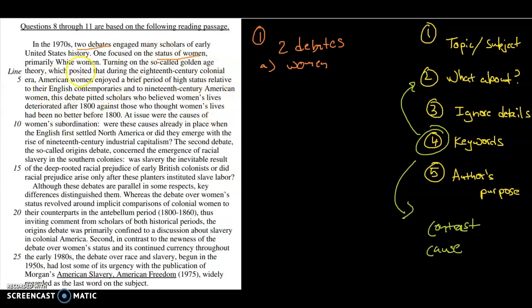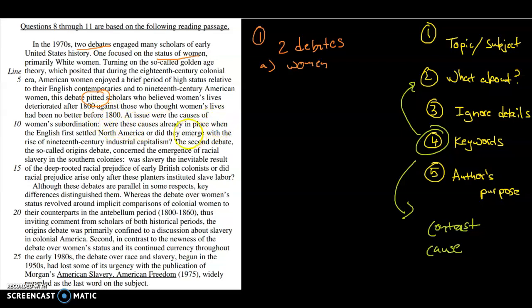There's a phrase there which posited that during the 18th century colonial era, American women enjoyed a brief period of high status relative to their peers. This debate pitted scholars who, so pitted, there's a keyword, something that indicates battle.